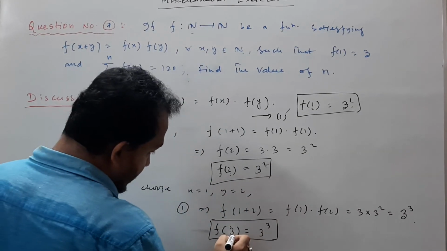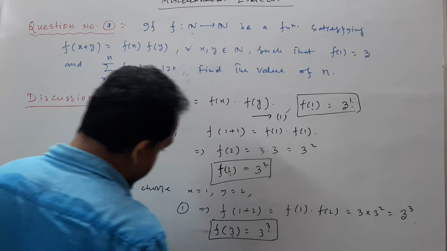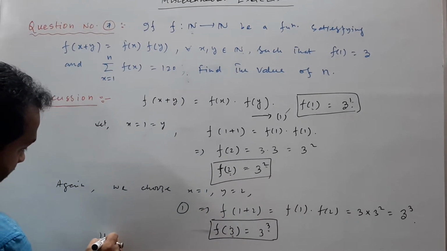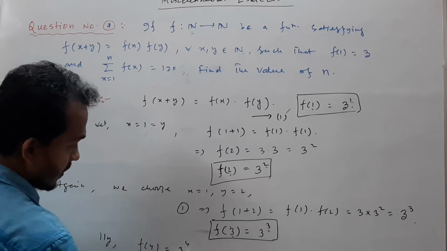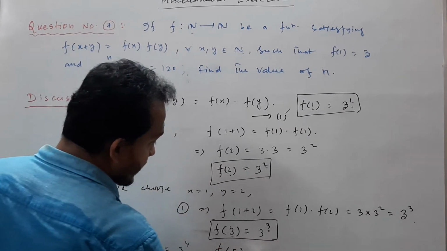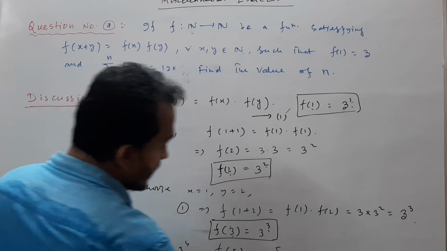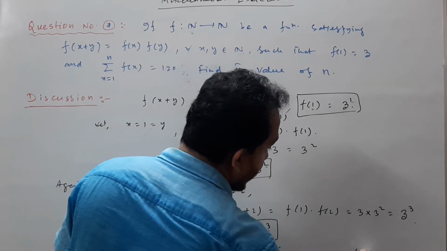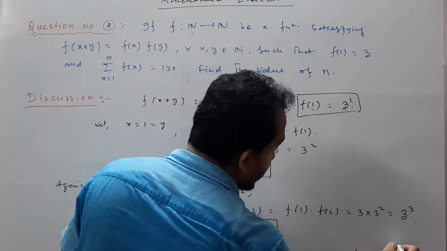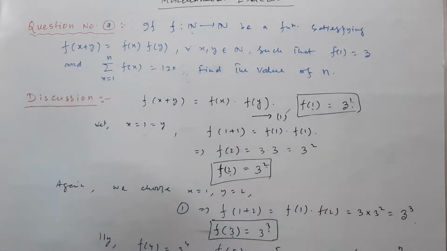If x = 3, we get 3 power 3. In this way, similarly f(4) = 3 power 4, f(5) = 3 power 5, and so on. In this way, f(n) = 3 power n.